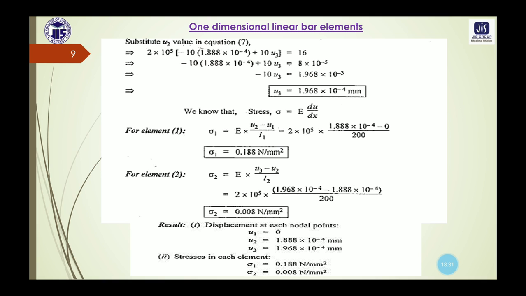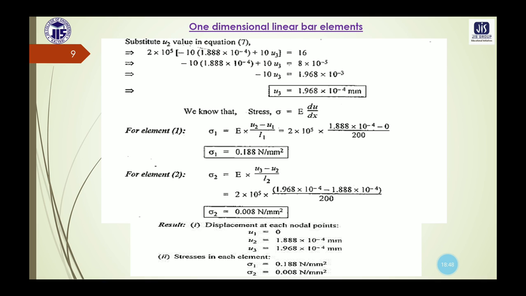So this is the procedure by which we have calculated the displacements at the three nodal points, that means u1, u2 and u3, and the stresses for the two different elements.